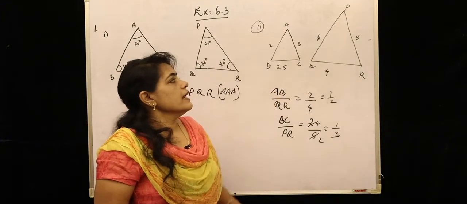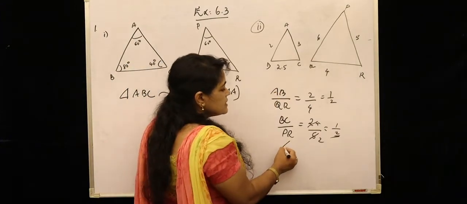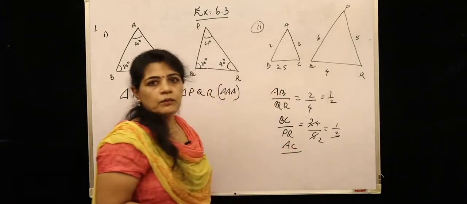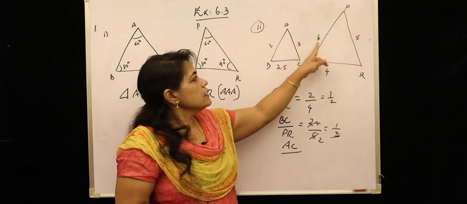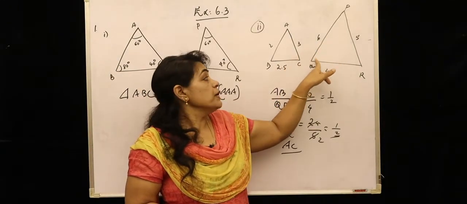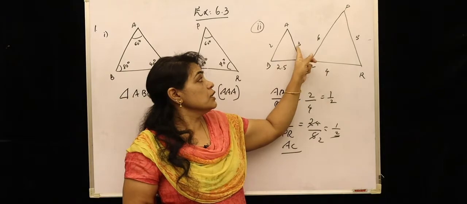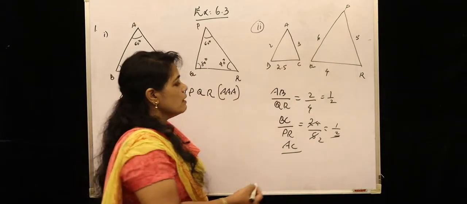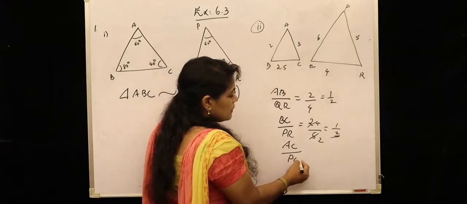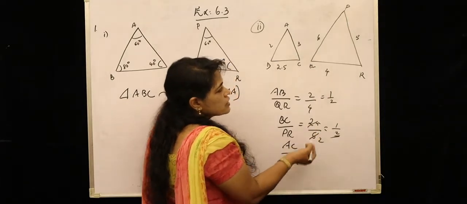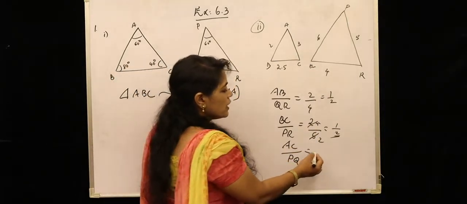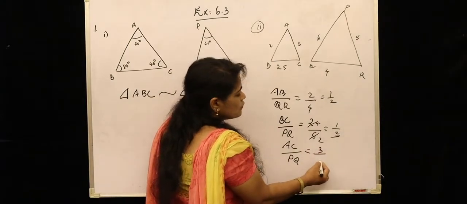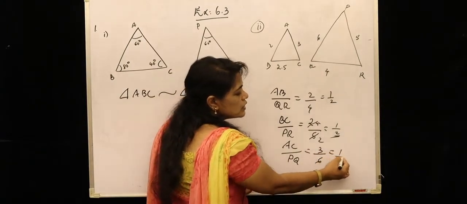And the third side AC, the corresponding side is PQ, that is 3 into 2, or AC by PQ is 3 by 6, and here also the ratio is 1 by 2.